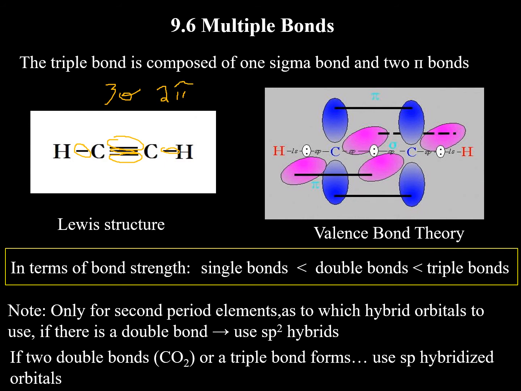Overall, the single bond is weaker than the double bond, and the double bond is weaker than the triple bond. In terms of bond lengths, it's the opposite. The triple bond is the shortest compared to the double bond and the single bond. So in terms of bond length, the single bond is the longest if you're just comparing the same elements.